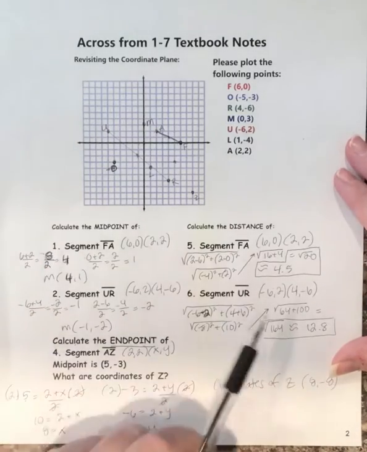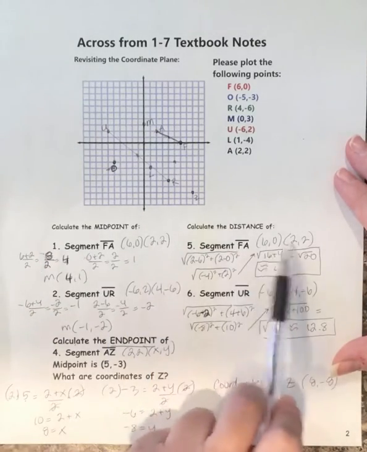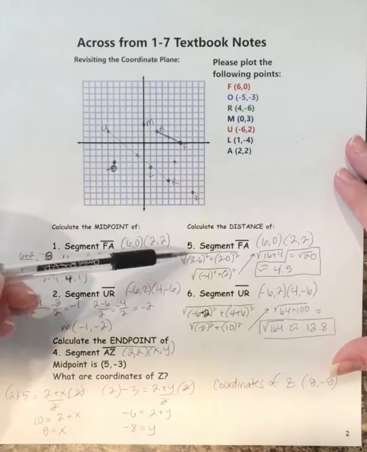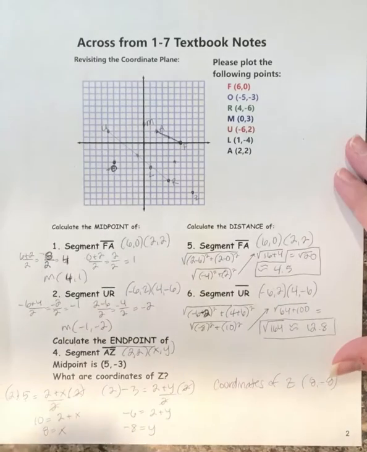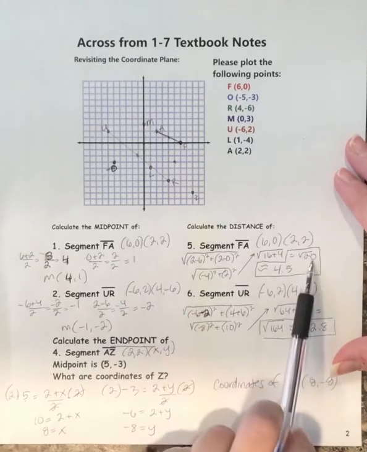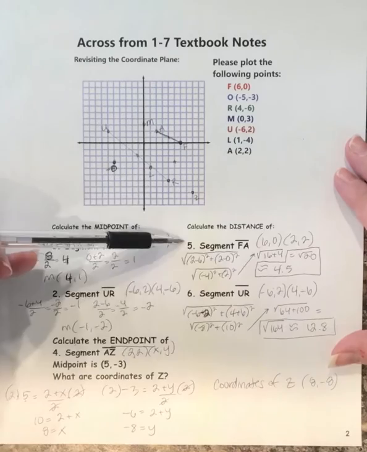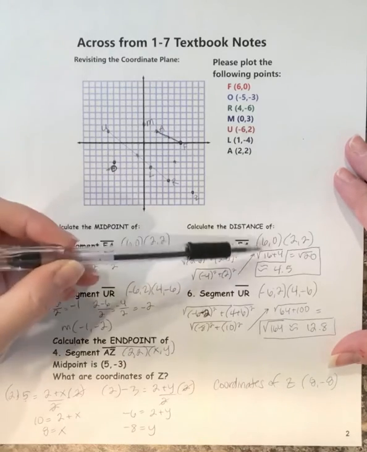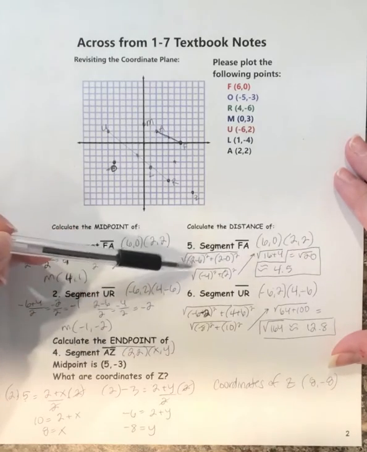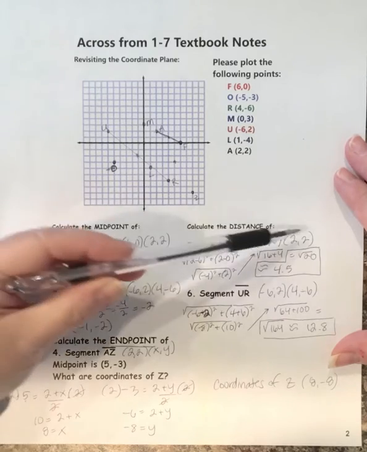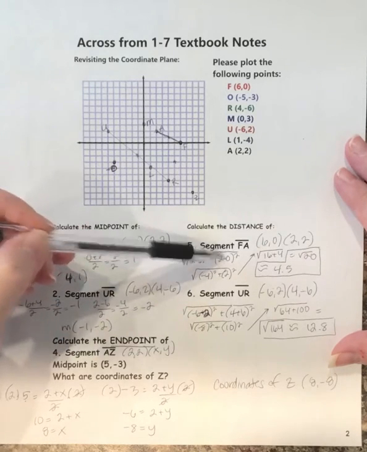Now looking for distance. Well, again, my endpoints are the same. Now I'm just plugging them into the distance formula. Again, it's important to remember that all of that is under the radical. So you don't simplify until the very end. So if I looked at segment FA, again, I'm taking my x coordinates and subtracting, and then my y coordinates and subtracting.